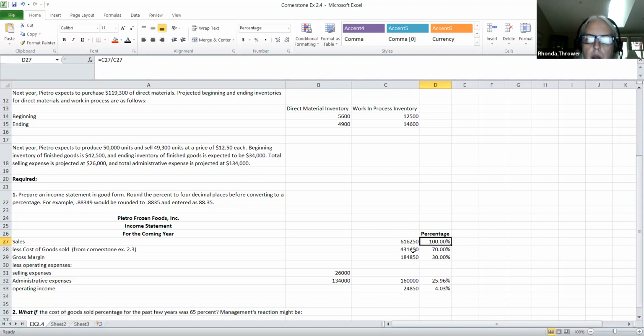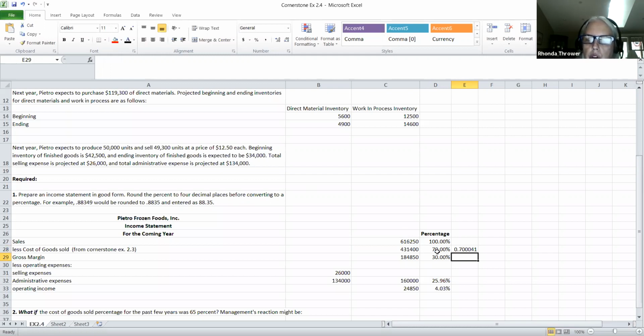For your cost of goods sold, we'll take the cost of goods sold amount and divide it by our sales. That will give us this 70%. In Excel, you'll have to change it to a percentage for it to work out, because if you just took, let me demonstrate that for you. If you just took the dollar amount and divided it by the sales amount, it would give you this.